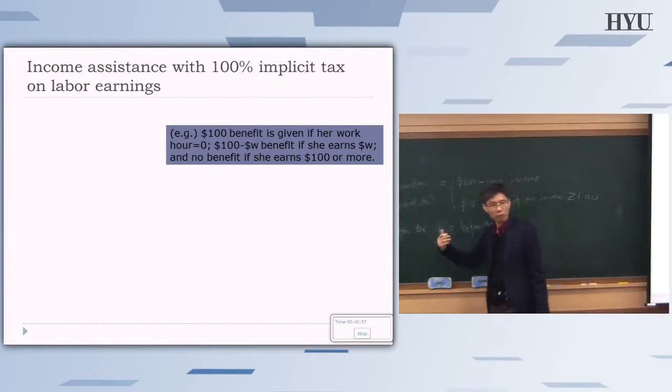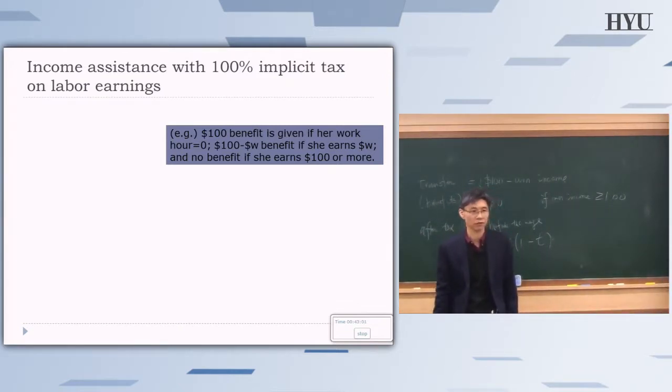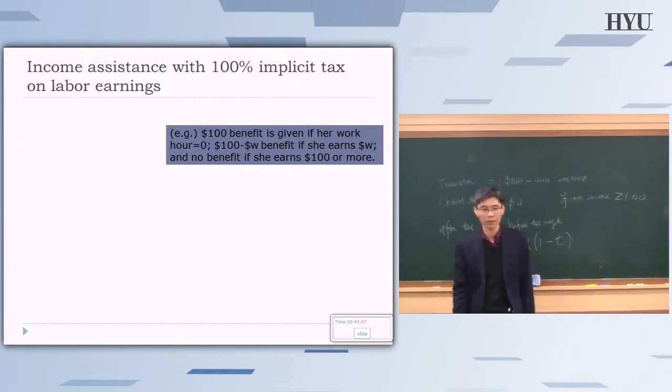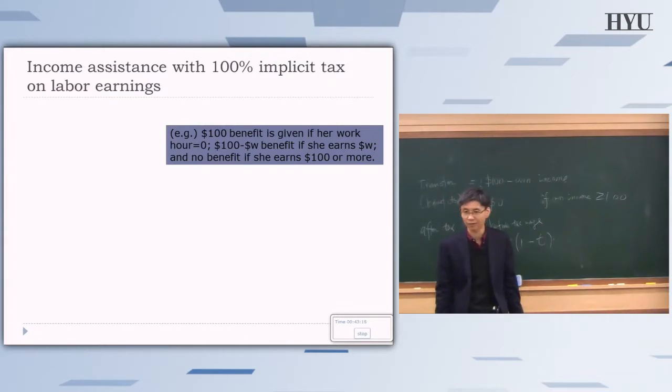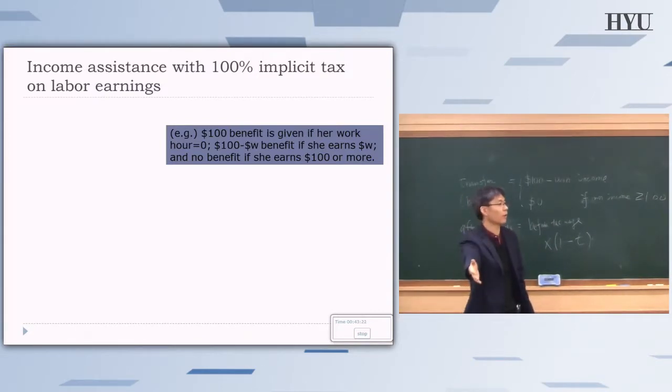So she finds out that working doesn't change anything in terms of income and consumption. So intuitively, how many hours does this person want to work? 0, 5, 10? It should be 0. Because working does not change consumption at all.